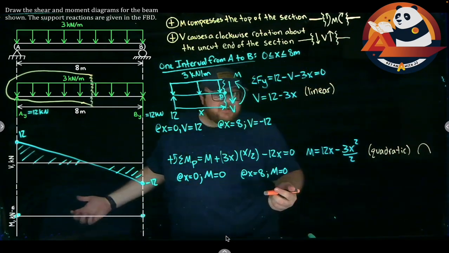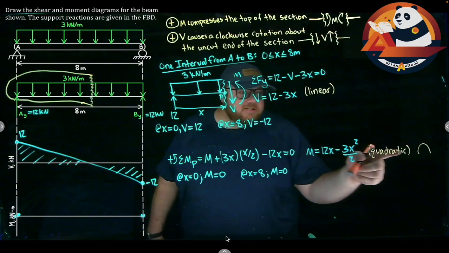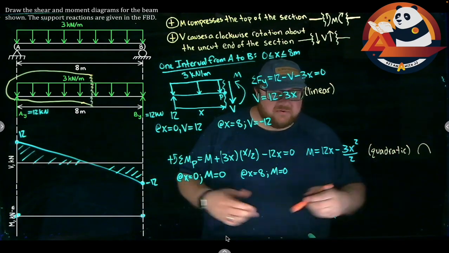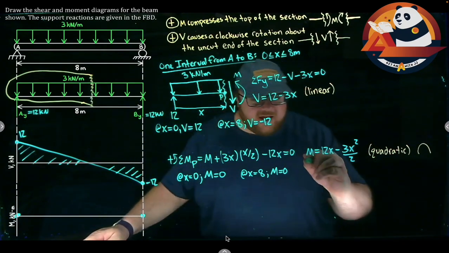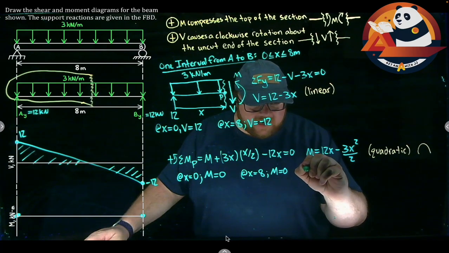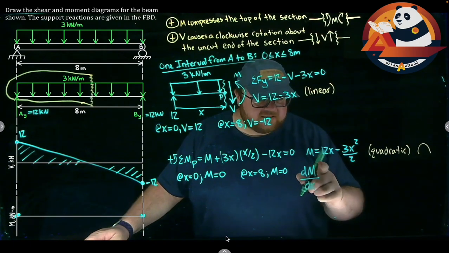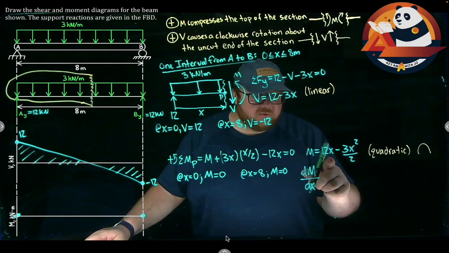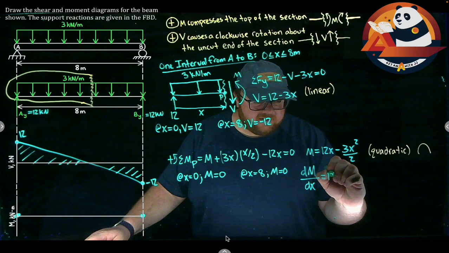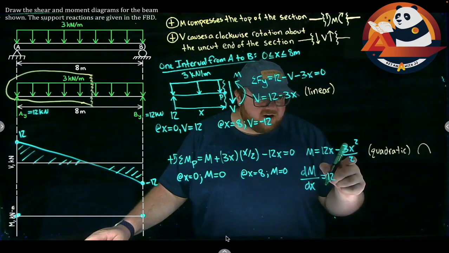How do I find where a function is maximum? I just need to figure out what dM/dx would be. So my derivative of moment with respect to x is going to get me, well, 12x will just become 12, negative 3x squared over 2.